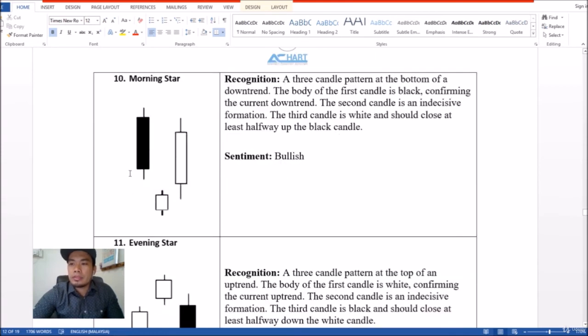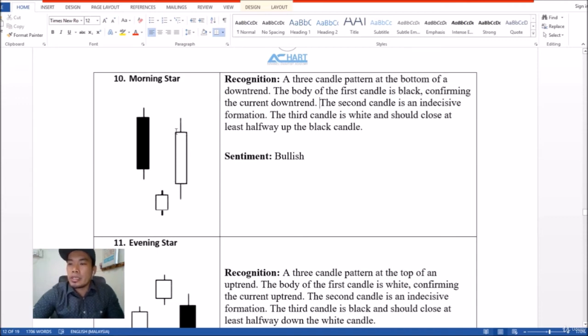And this is quite similar to abandoned baby, but the difference is that the second candle gaps down, and you can see the second candle here is an indecisive formation, and the third candle is white and should close at least halfway into the black candle.